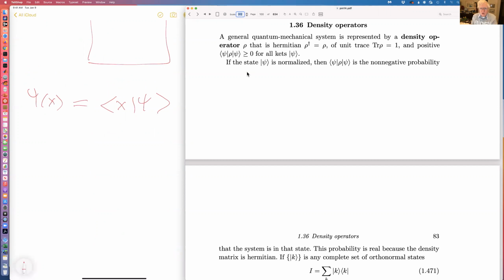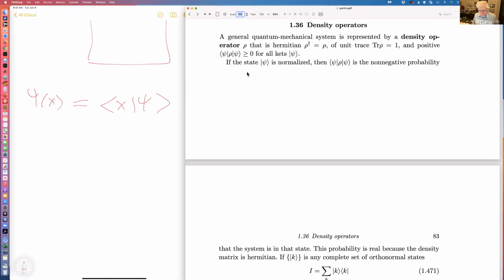This is all well and good and true, but in actual real life, you rarely have a pure state. It's very hard to make a pure state. So what one often is dealing with is a density operator.